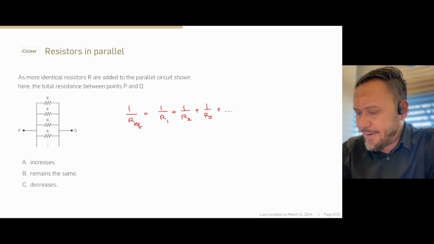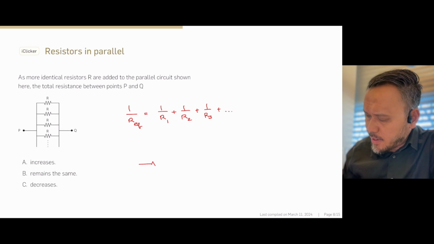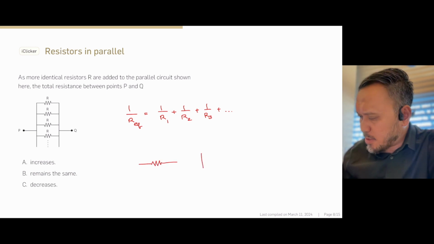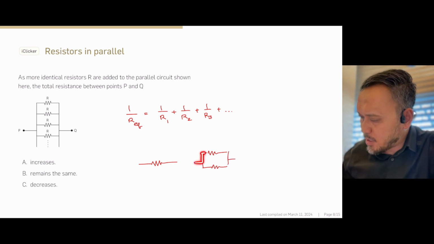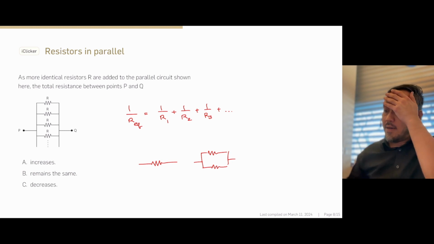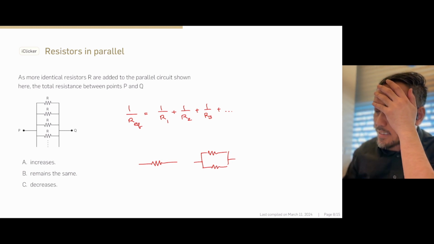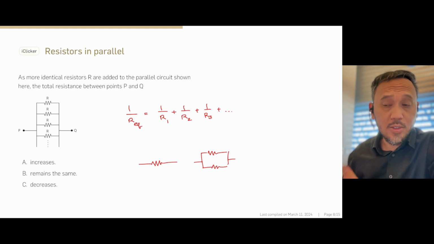Another way to say it is that if you have one resistor compared to two resistors, the resistance per path is the same, whether it goes here or here or here, but the more resistors you add, the more paths you have, so the resistance should decrease.